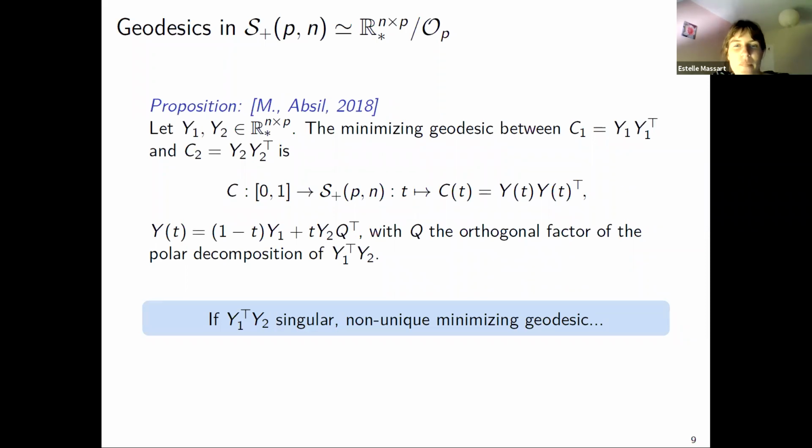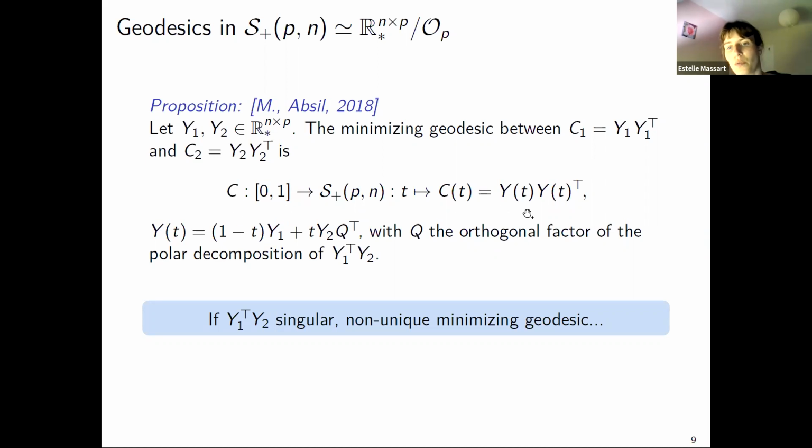So here are the results for the shortest curve. If you have two covariance matrices, C1 and C2, with corresponding factorizations Y1 Y1 transpose and Y2 Y2 transpose, where the factors Y1 and Y2 are arbitrarily chosen inside the equivalence classes, then the shortest curve between C1 and C2 can be obtained like this.